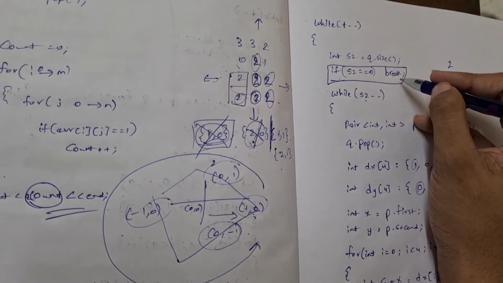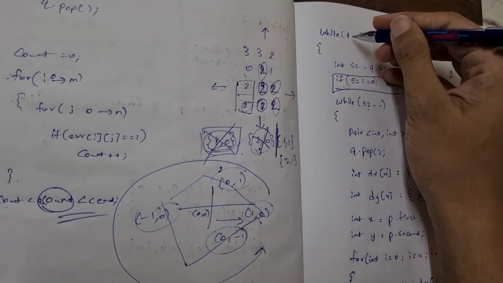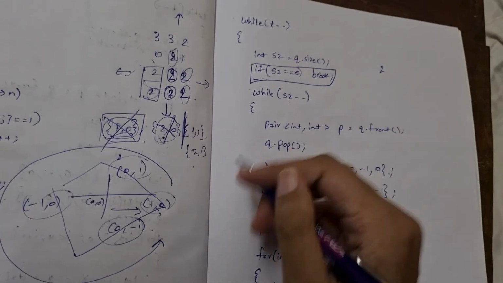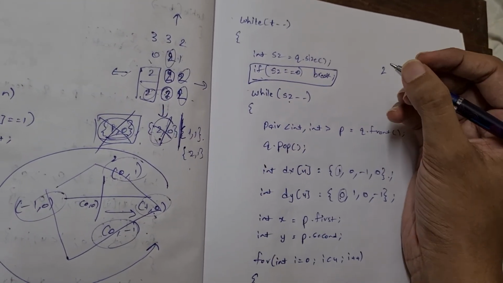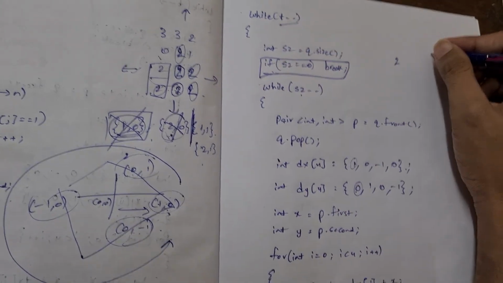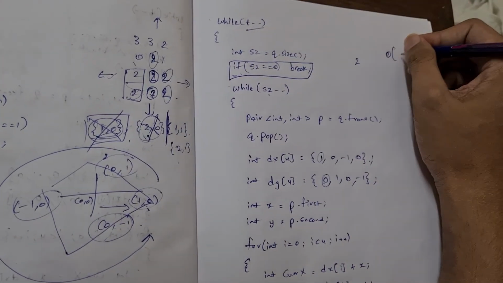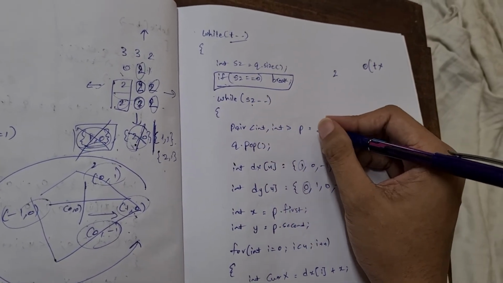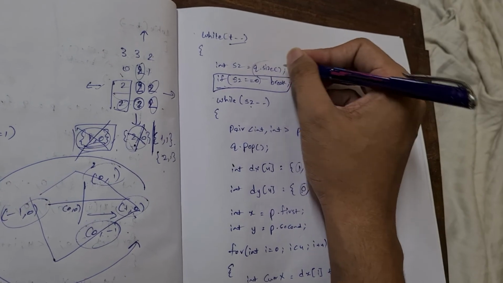Then this condition helps in quitting the loop instead of performing the loop for t, because this will help in decreasing the time complexity. If we perform the loop t irrespective of this, then we are performing this for t, and all this will continue for q dot size.